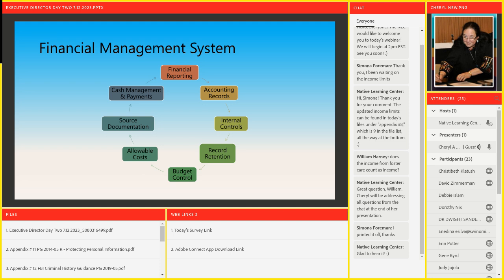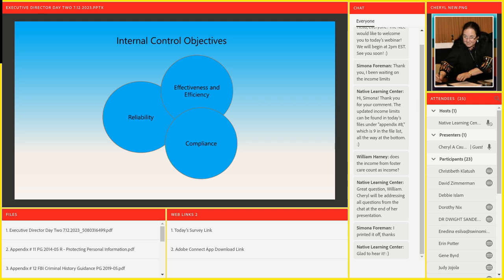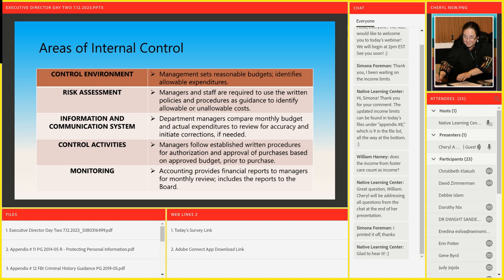So your financial management system will entail your accounting records, your internal controls, your record retention policy, your budget control, your allowable cost, your source documentation. It'll cover your cash management and your payments. The objectives are reliability, effectiveness, efficiency, and compliance.